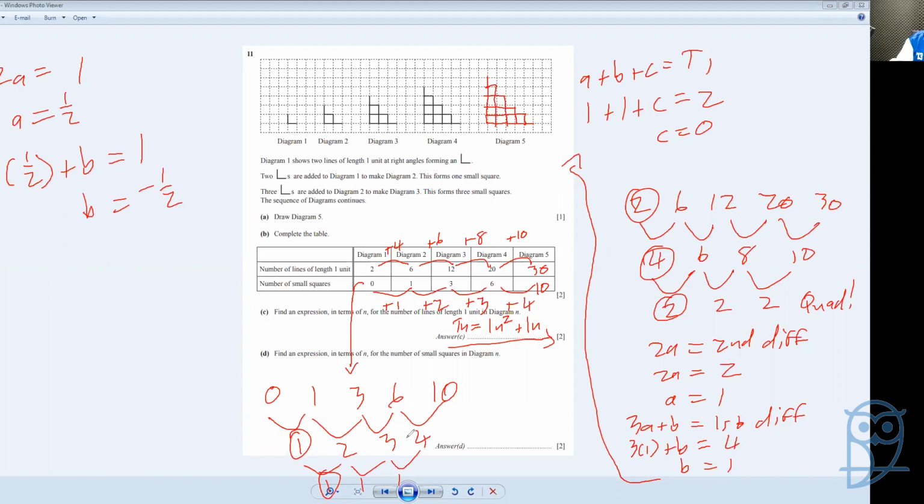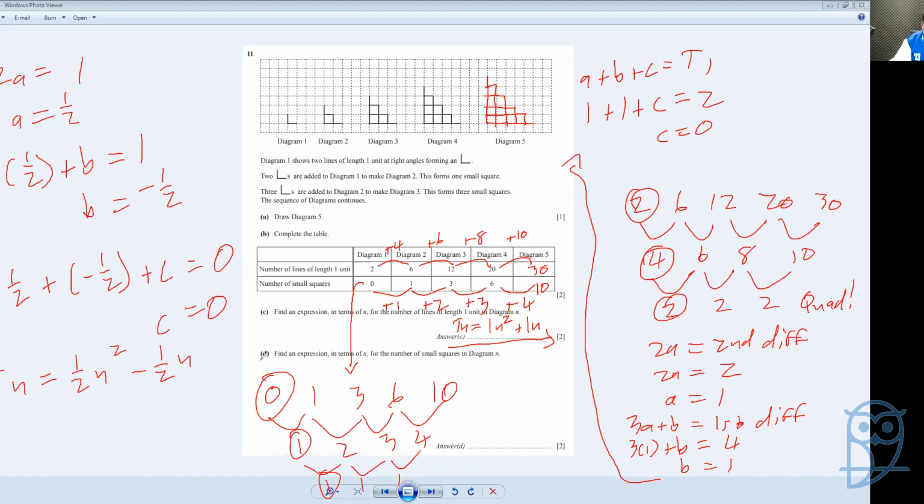And then to calculate c, it's a, and a is a half, plus b, which is minus a half, plus c equals 0. Well, that is 0. Everything is 0. You get a 0. Everyone gets a 0. So therefore, my Tn is a half n squared minus a half n.